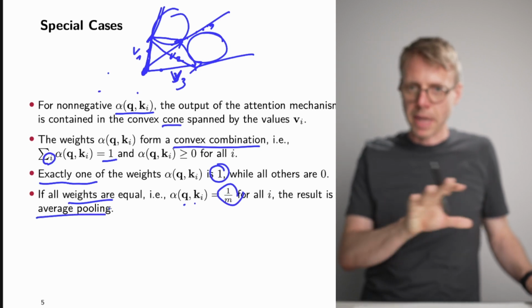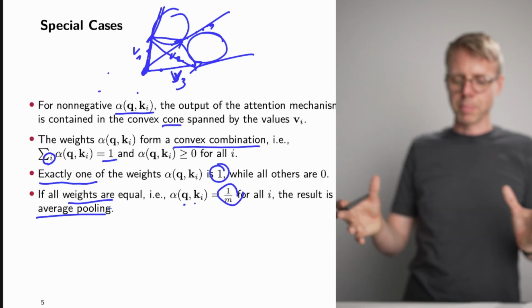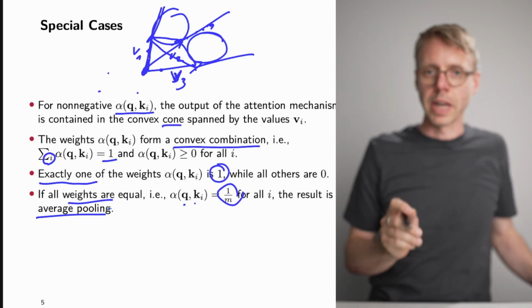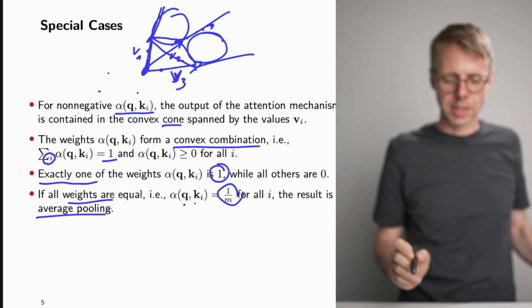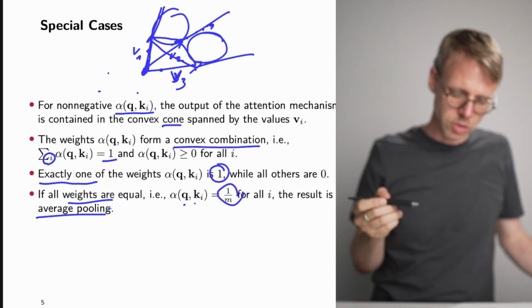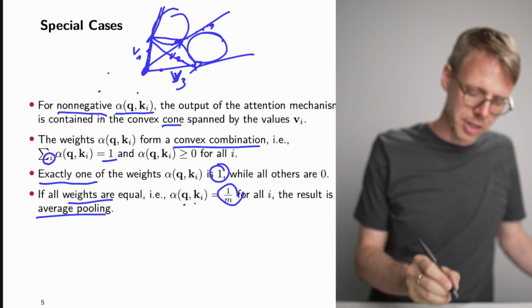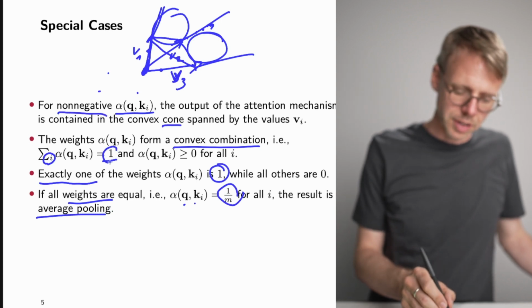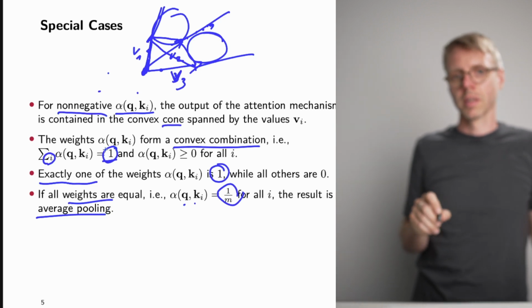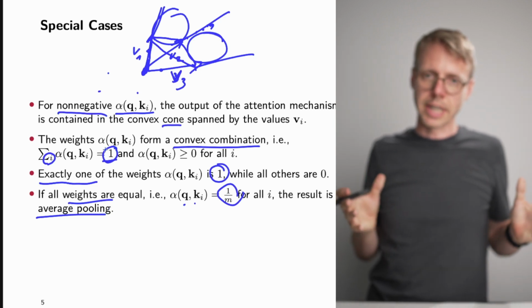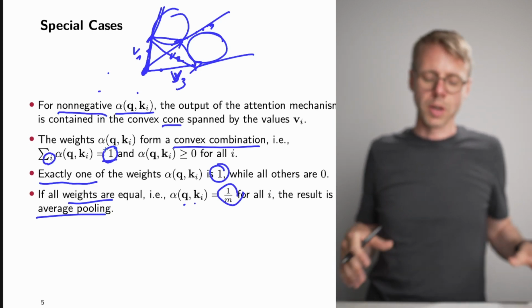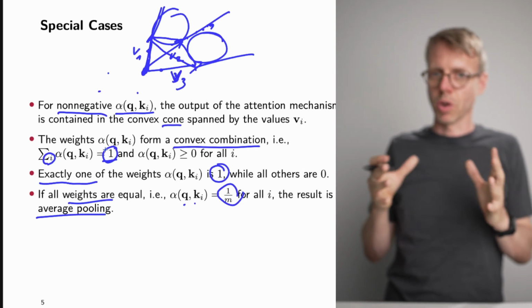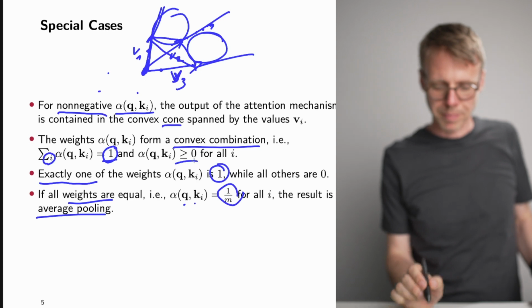So we see that there are many special cases depending on how we define these attention weights, or the function alpha that gives us the attention weights. Typically, they are non-negative, or often we would have this additional constraint that all the weights sum to 1, with all of them being larger or equal to 0.